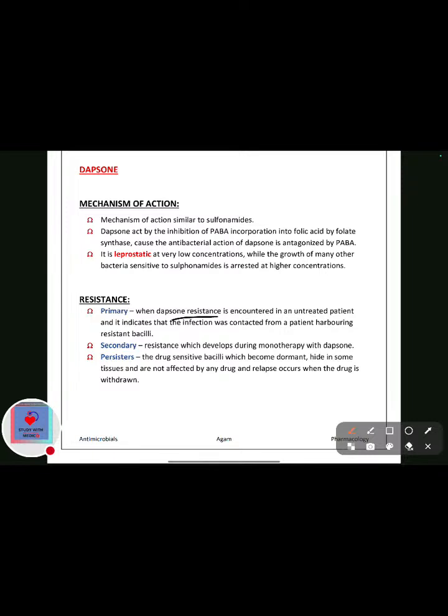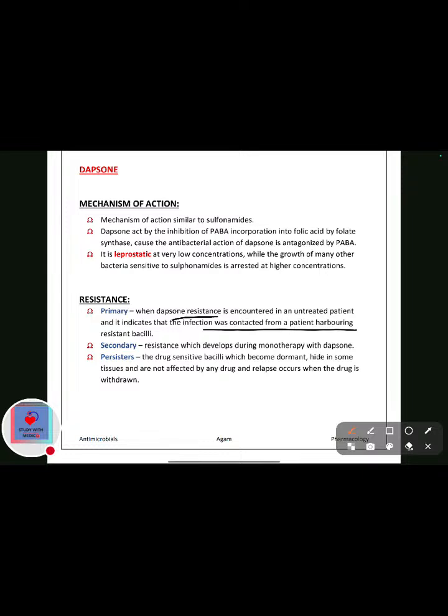Suppose a patient has dapsone resistance and gave the infection to someone else, and that person, getting treatment for the first time, has dapsone resistance. It means he took the infection from a dapsone-resistant patient.